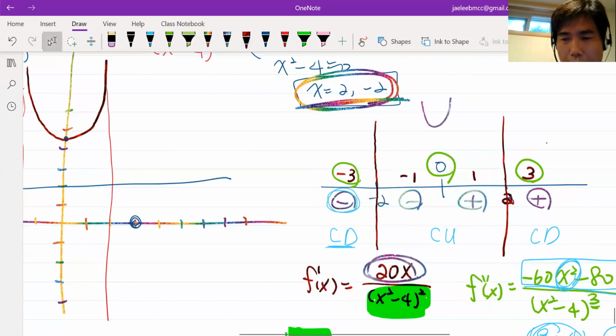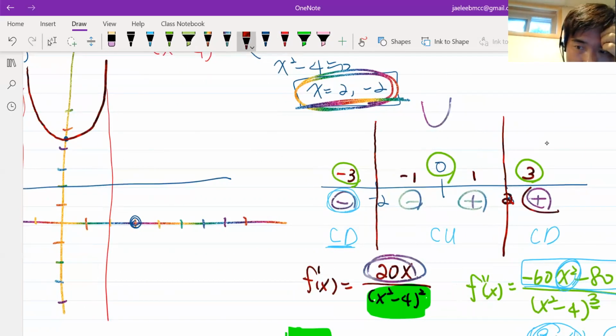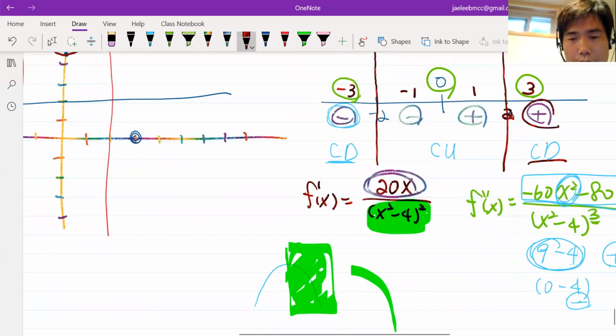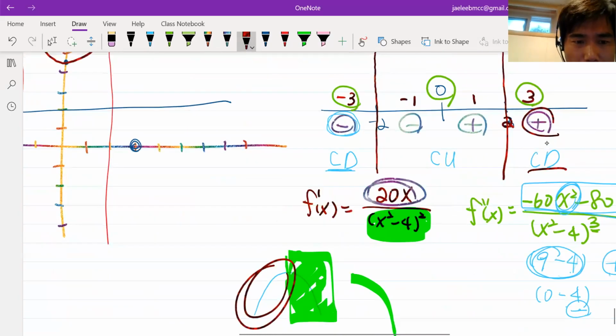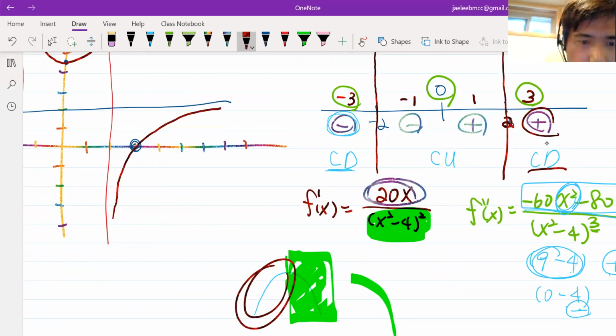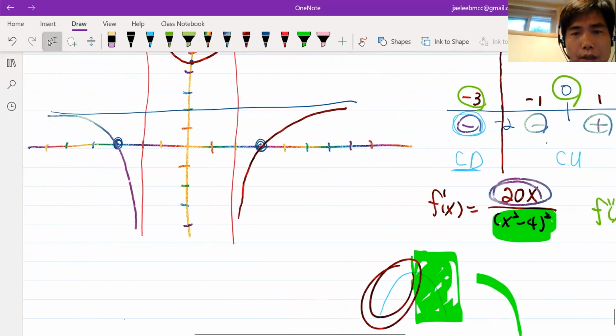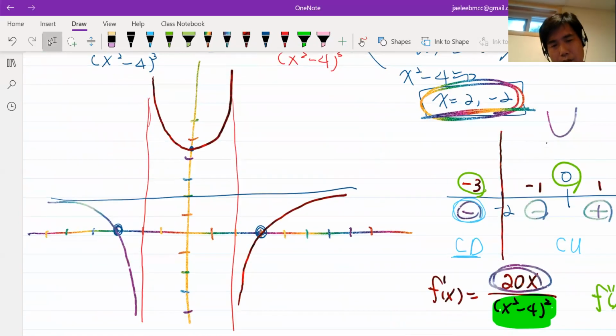And then now 3, increasing and concave down. So increasing concave down is this one then now. Okay, so I can make this. Okay, so there will be the graph of this function. I know I'm not drawing that really pretty, but that's the graph of the given function. Okay.